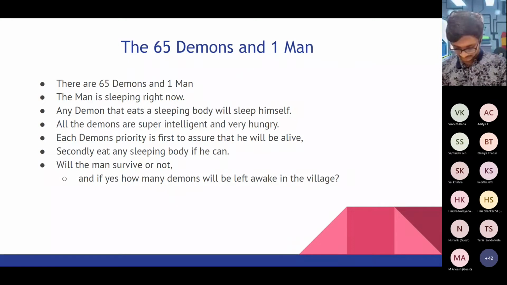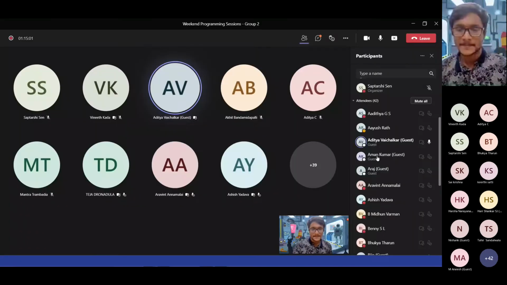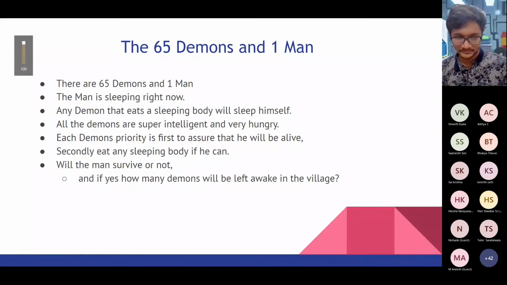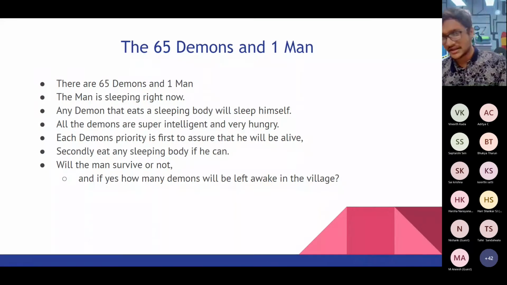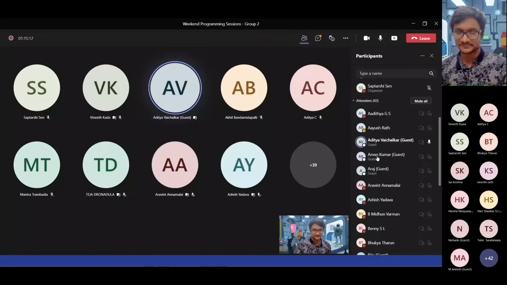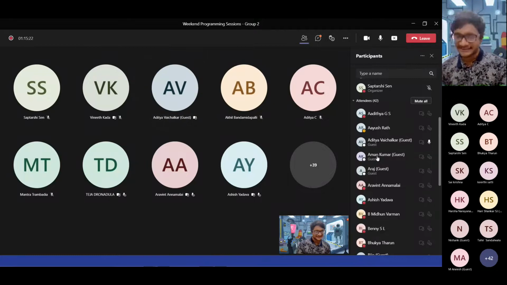So if he eats, he will be eaten in the next chance. If he eats the man, then the demons will eat him in the next chance. So his priority is that he will be alive, so he will not eat the man. Maybe no one will eat the man and the man will survive. Yes. Okay, that's a nice guess.